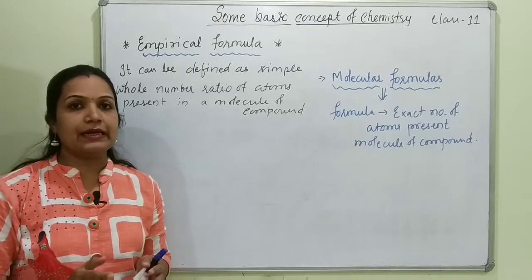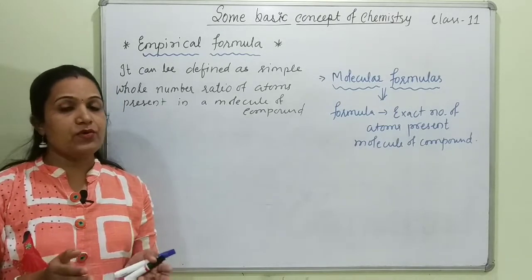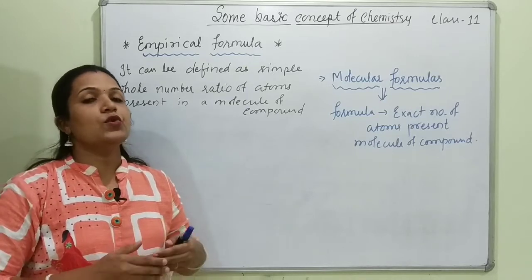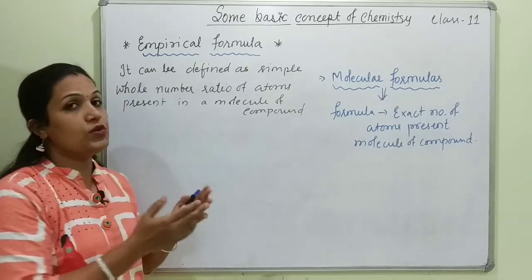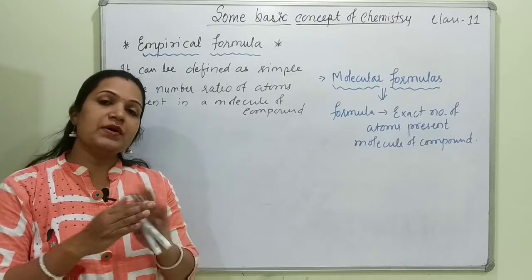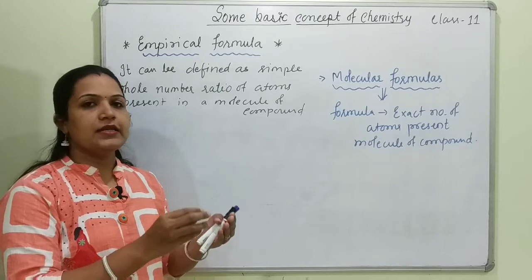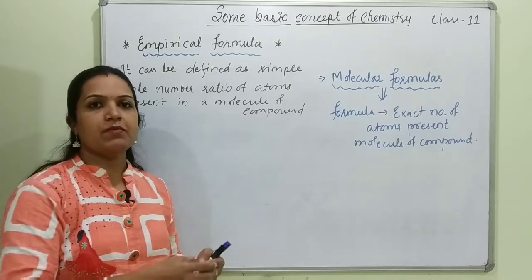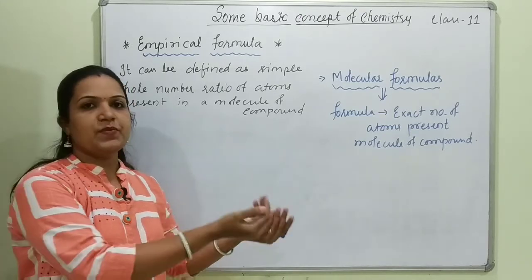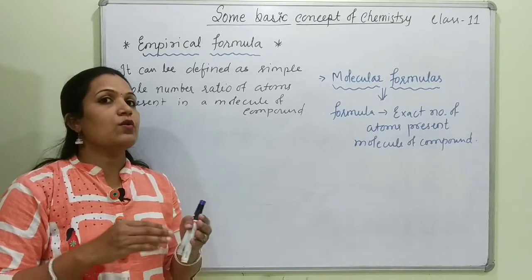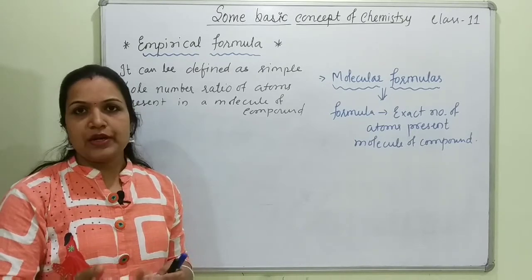Now where do we use it? In class 11th, in chapter 1 specifically, we need to find the empirical formula when percentages are given. For example, if carbon is present at 65 percent, oxygen at 28, and sulfur at 22.